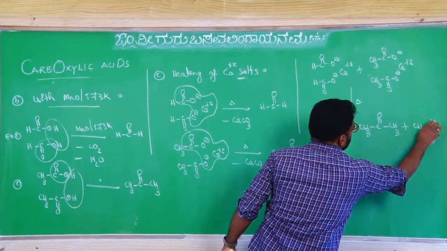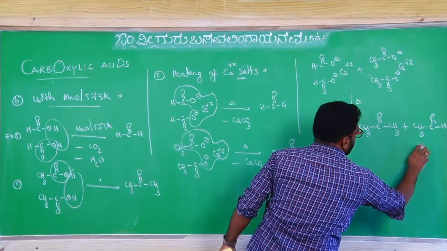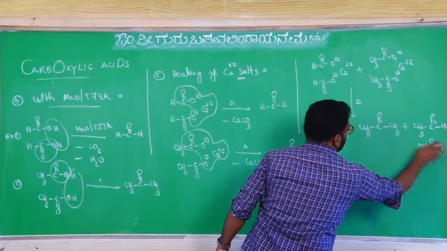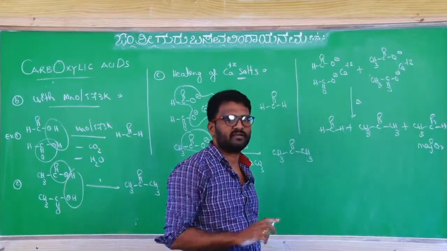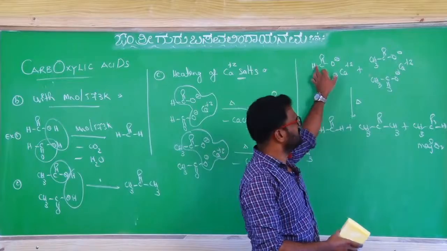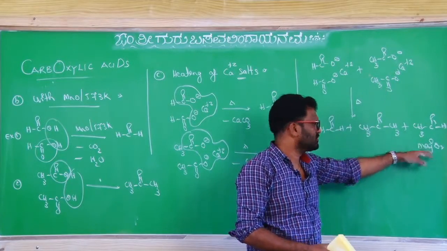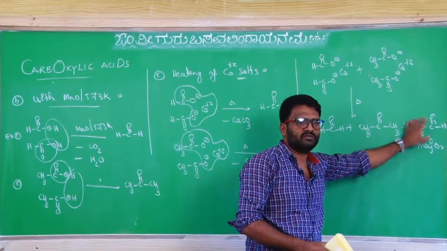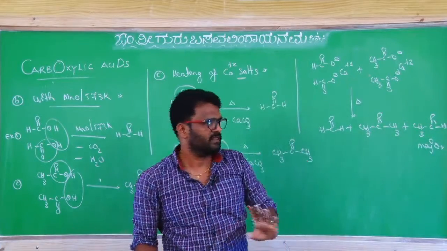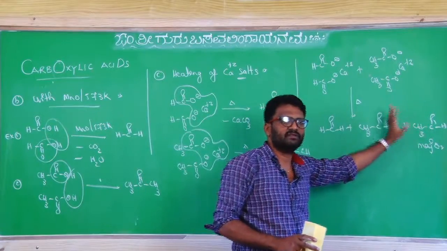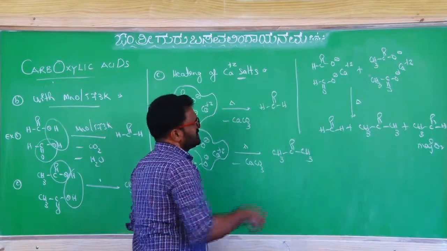Among these, which one is major? Acetaldehyde is the major product. Why is acetaldehyde major? It is a crossed product. From one you will get hydrogen, from the other you will get CH3CO, so there will be a crossed product, and getting the crossed product is the major one. So you will get three types of carbonyl compounds, and among them acetaldehyde is the major. This is the heating of mixed salts.